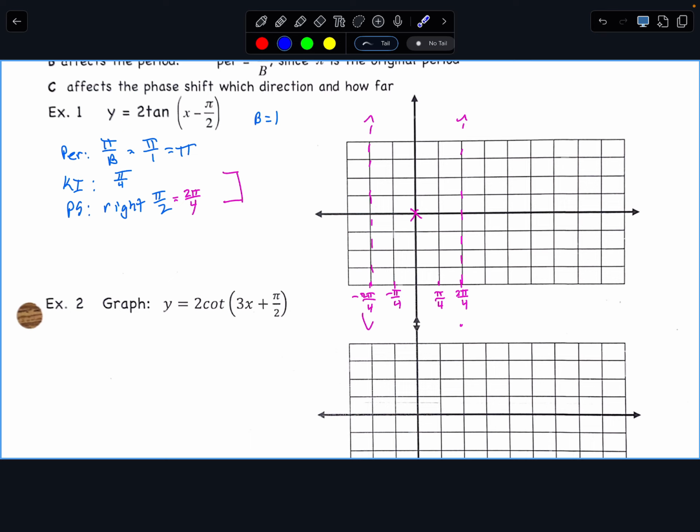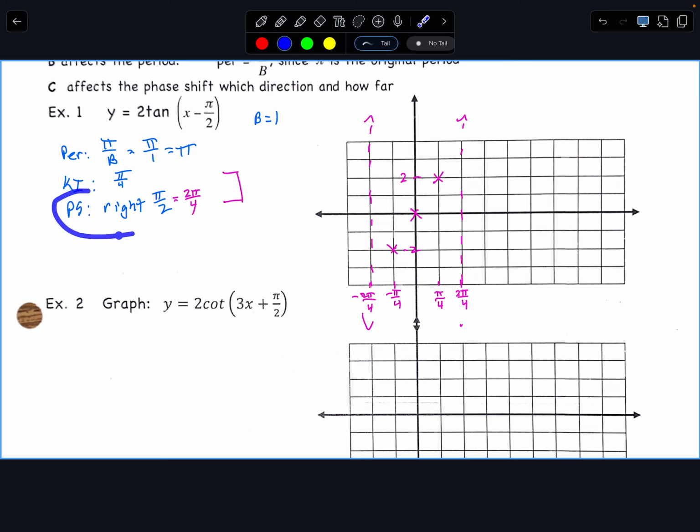So instead of being at -1 at 1 key increment to the left, it'll be at -2. 1 key increment to the right, it'll be up at +2. So that would be what it would look like if there wasn't a phase shift.